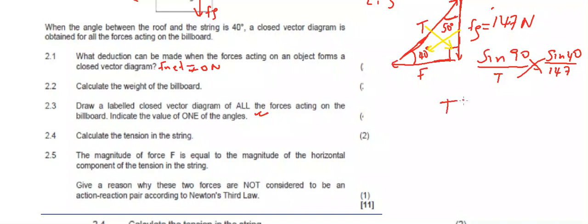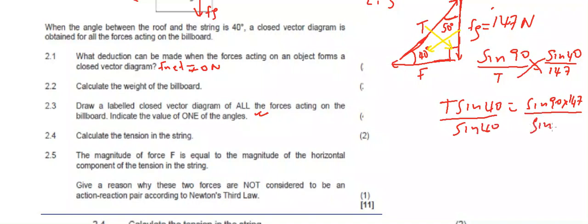Let's cross multiply. We will have T sine 40 equal to sine 90 degrees times 147. Then we divide both sides by sine 40, because sine 40 cancels that.